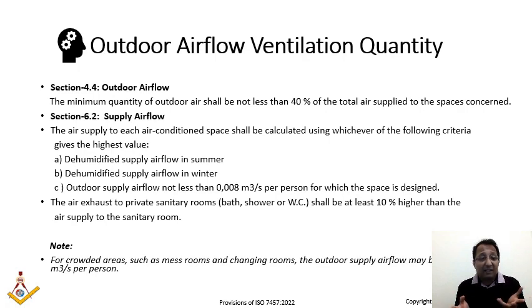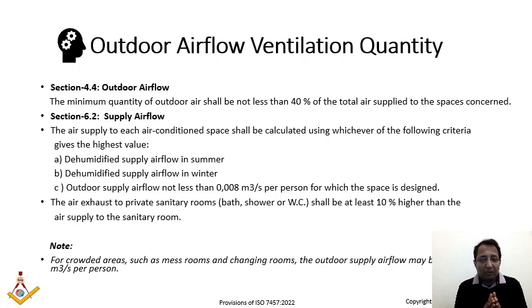And for outdoor air supply, if you take 0.008, it comes to around 30 cmh per person. Even if you put 100 people, it becomes 3000 cmh at any given point of time. For such a big number of people on board and such an installation, the accommodation load will always be higher, and the dehumidified supply in summer will always be higher. So without any worry, you can go for criterion A here.